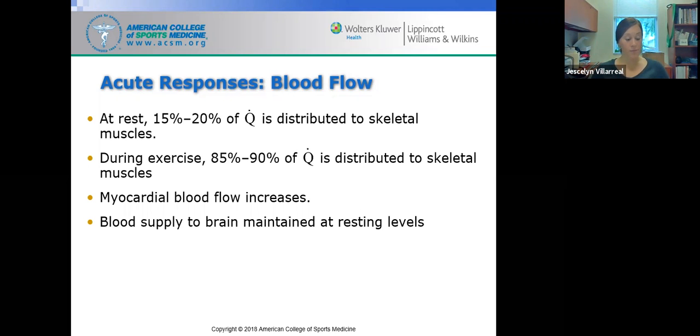But during exercise, it's shunted away from the skin and internal organs to go to the muscle. Blood flow to the heart at max is 4 to 5 times higher with exercise, whereas blood supply to the brain is maintained at resting levels during exercise.